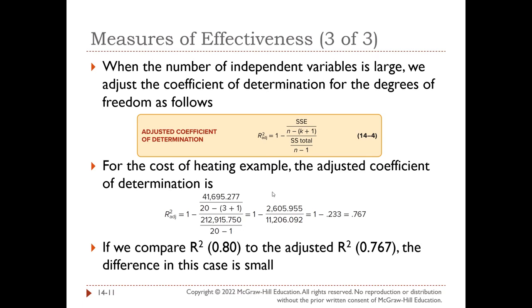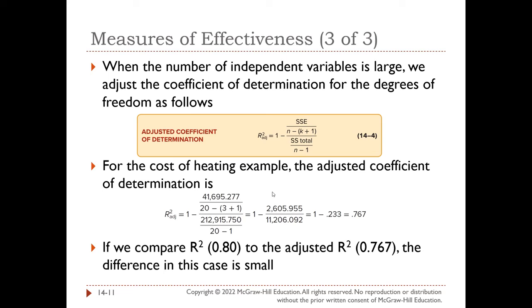So, when the number of independent variables is large, we adjust the coefficient of determination for degrees of freedom as follows. You take 1 minus SSE divided by n minus k plus 1, divided by the SS total divided by n minus 1.